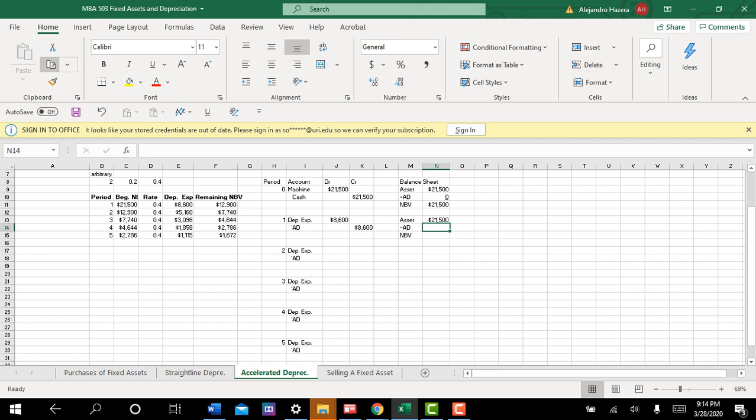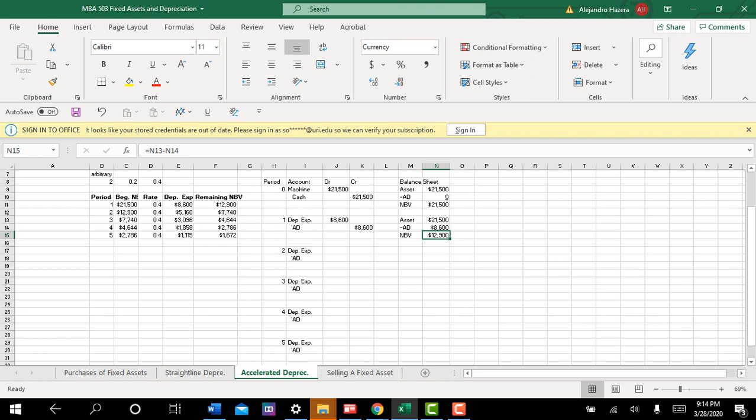Your accumulated depreciation, like for straight-line, is going to be equal to the beginning accumulated depreciation plus your new depreciation expense, or $8,600, and your net book value is going to be equal to the asset less your new accumulated depreciation, or $12,009.